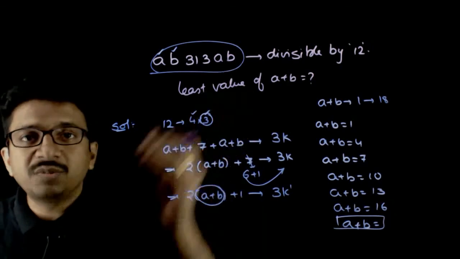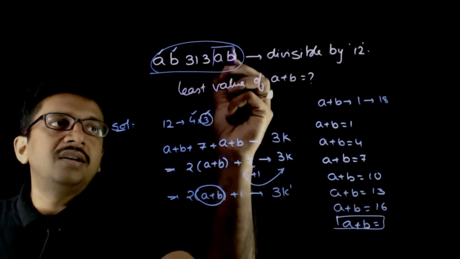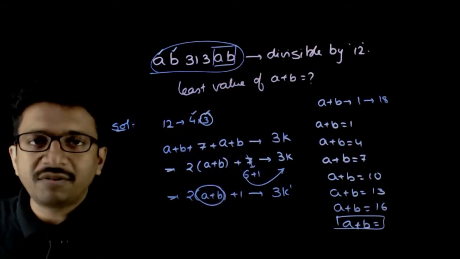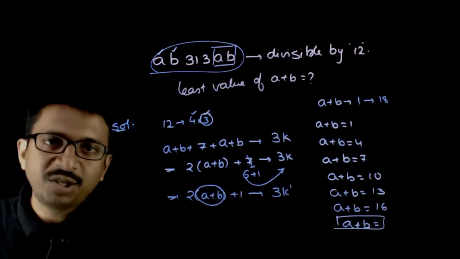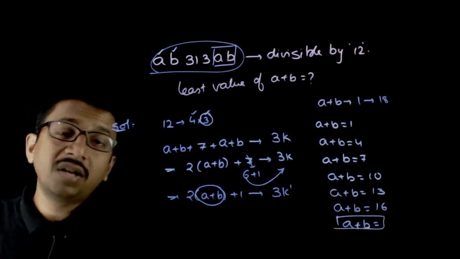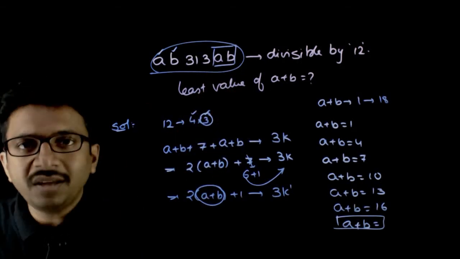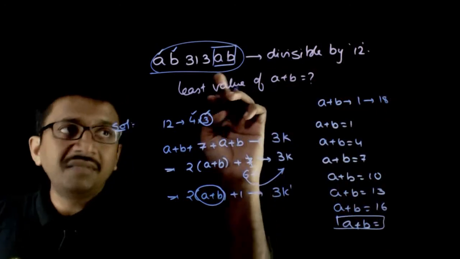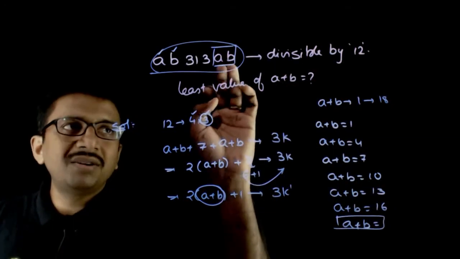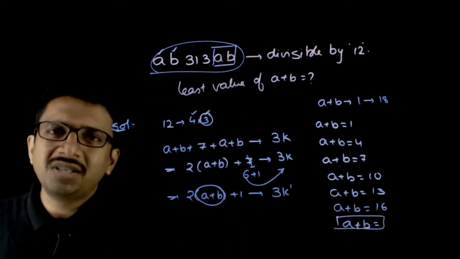Now the number also has to be divisible by 4. What is the divisibility rule for 4? The number formed by the last 2 digits has to be divisible by 4. So if AB has to be divisible by 4, what are the options for AB? AB can be 00, but 00 is not a valid option, because if I put 00, it becomes a 4-digit number.